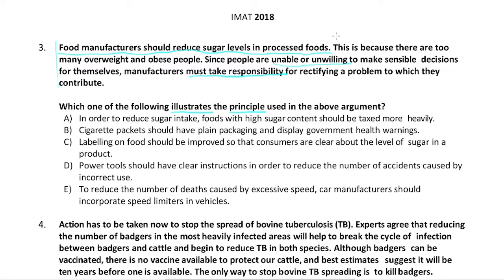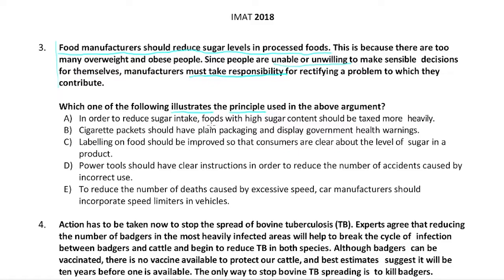And then we have the evidence for that. The evidence is that people are unable or unwilling to make sensible decisions, and that there are many overweight and obese people. So this means that manufacturers should take the responsibility to solve this problem they contribute to.